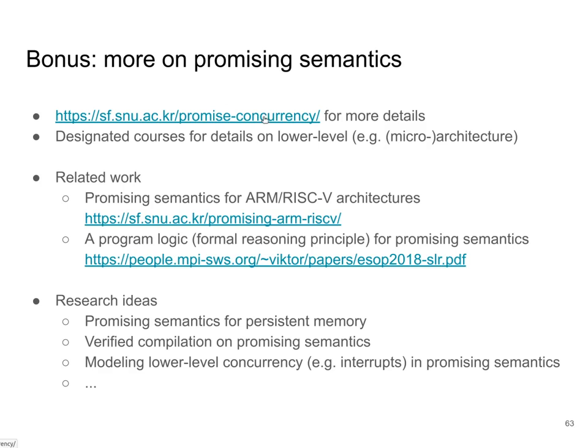So this is the paper that is presenting promising semantics, and there are also more low-level semantics for this promising semantics. So there are promising semantics for ARM and RISC-V architectures.